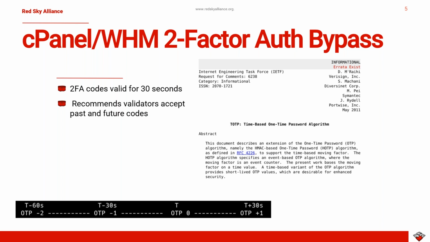I kind of illustrated this here in this black and white diagram. If you take a look at it, at time t, which represents the current time, one-time password 0 is valid for the current time.